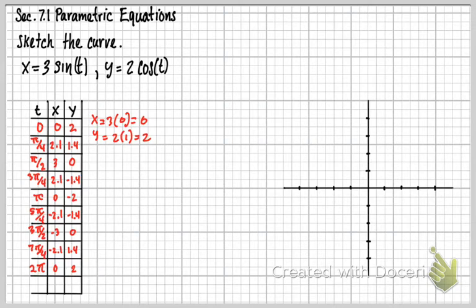So I'm going to graph the first point, 0, 2. So that's going to be here.